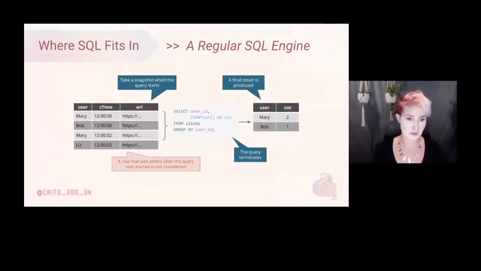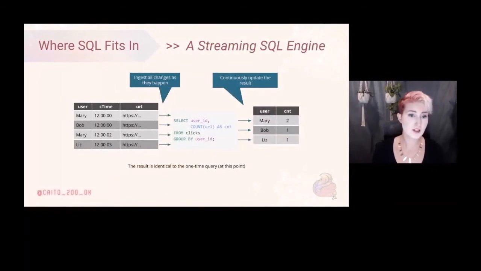Then the query terminates. In streaming SQL, the query is continuous. So whenever data is added to the table, the changes are continuously ingested and results are also continuously updated. The query keeps on running and never finishes.